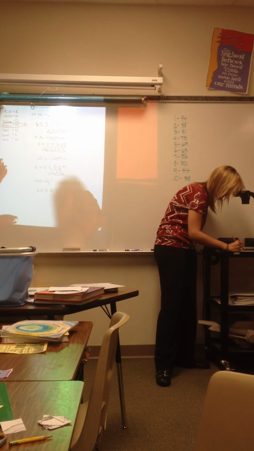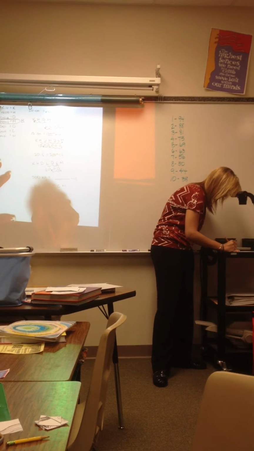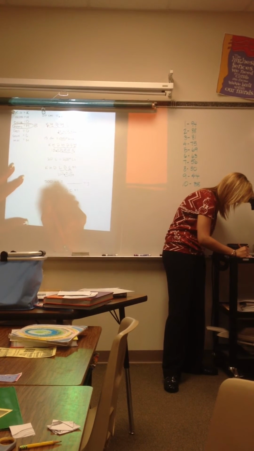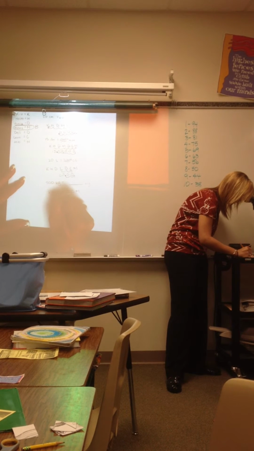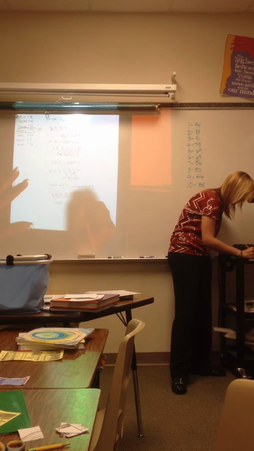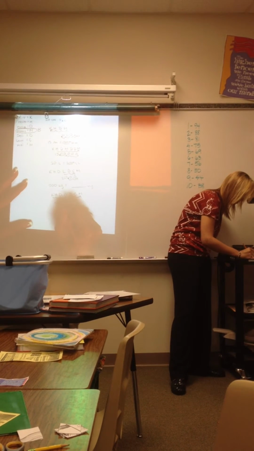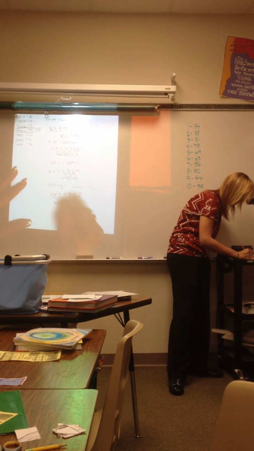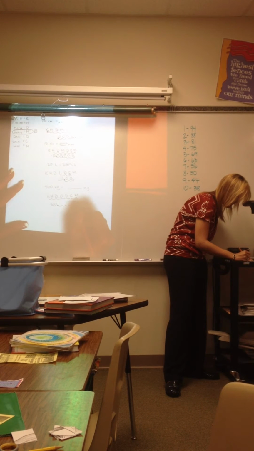Drinking chocolate milk. Alright. So, we're starting with kilo, and we're going to move all the way down to milli, and that's 1, 2, 3, 4, 5, 6 spaces. So our decimal after our whole number will move right 6 spaces. 1, 2, 3, 4, 5, 6.